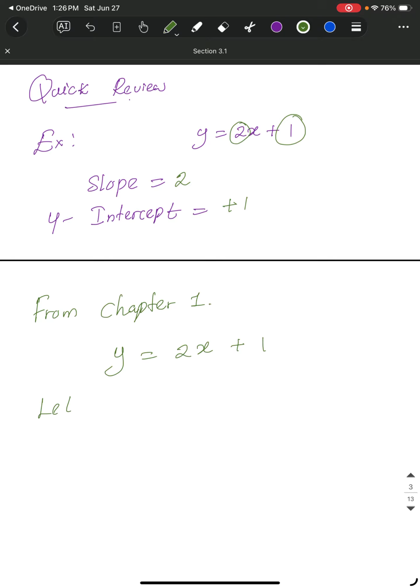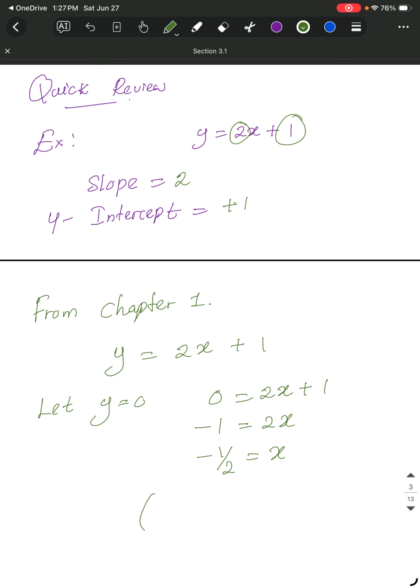Let y equal 0. Then 2x plus 1 equals 0, so negative 1 equals 2x, and x equals negative 1 half.